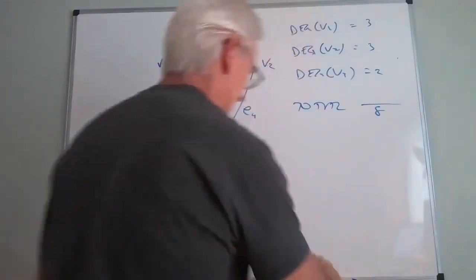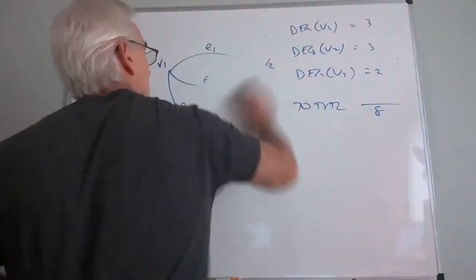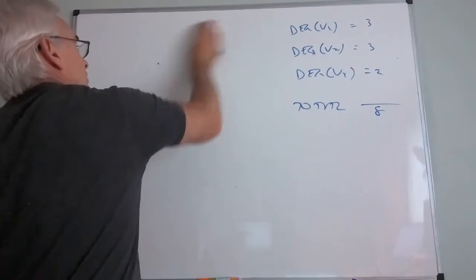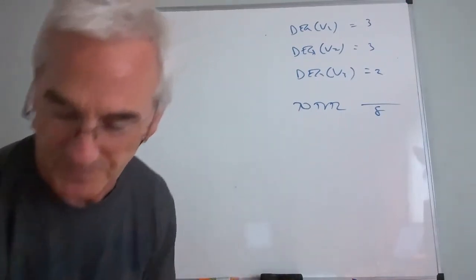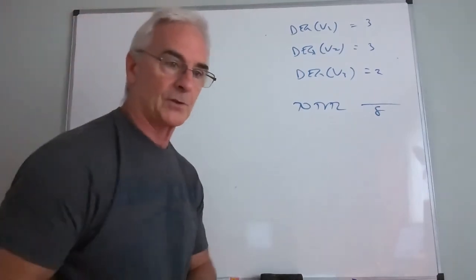Okay, so let me make it a little more complicated now, because we want to make sure we're interpreting this correctly, because this is not difficult. We're going to use this to answer bigger questions. So let's do one.